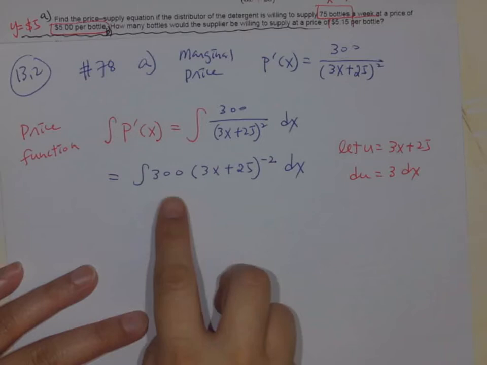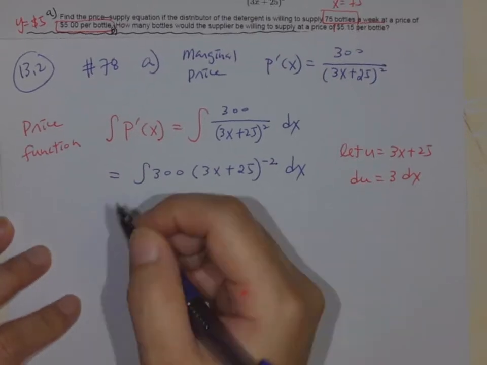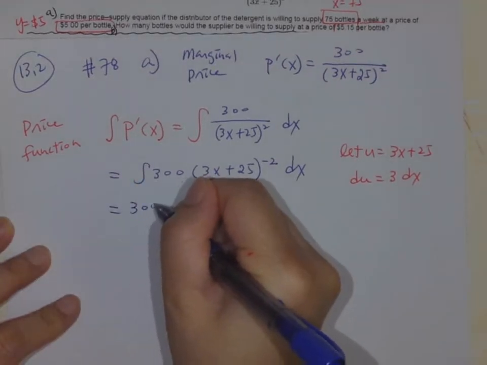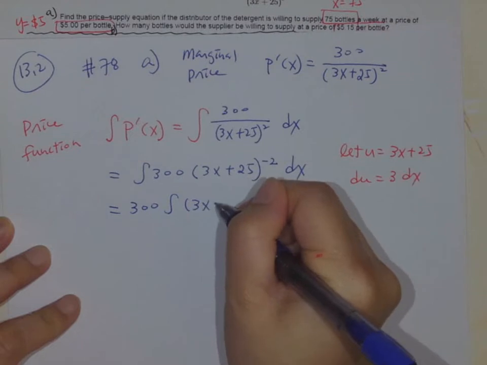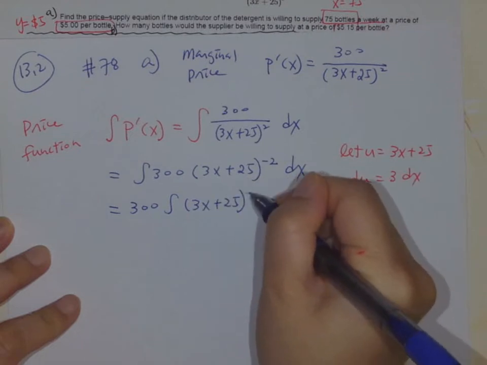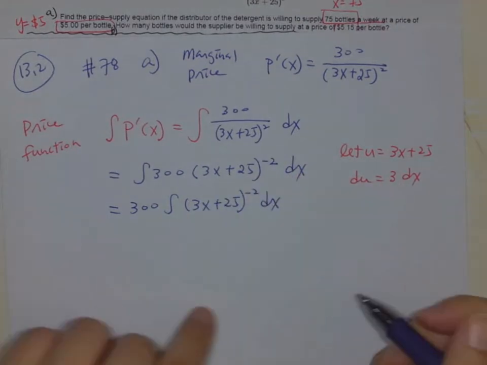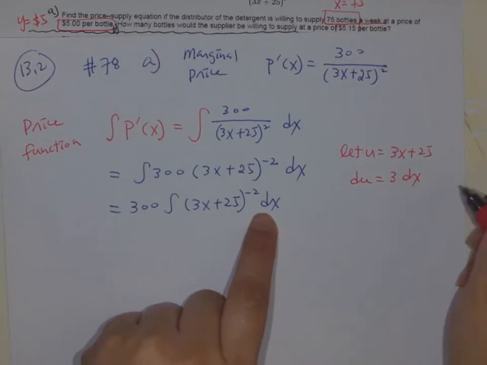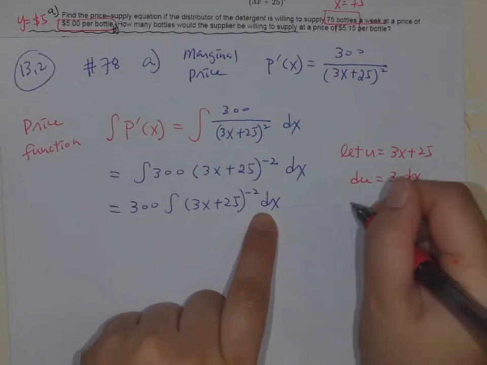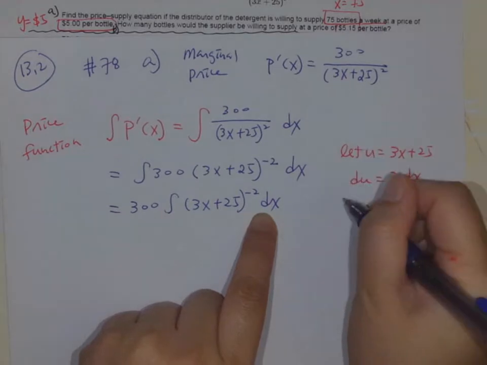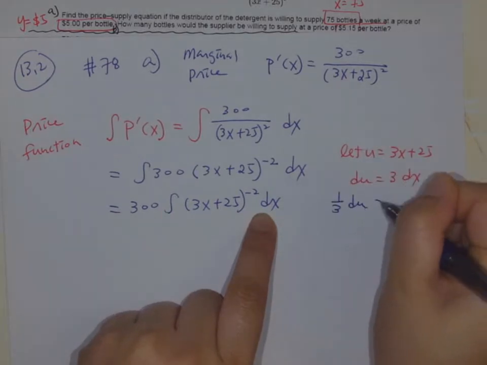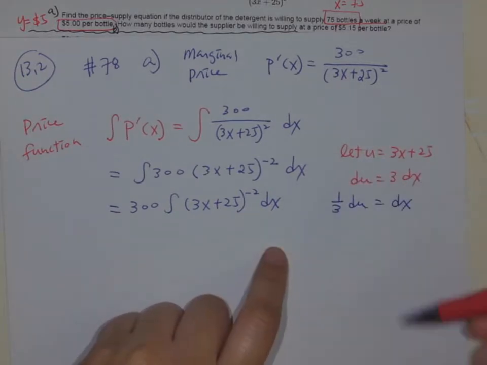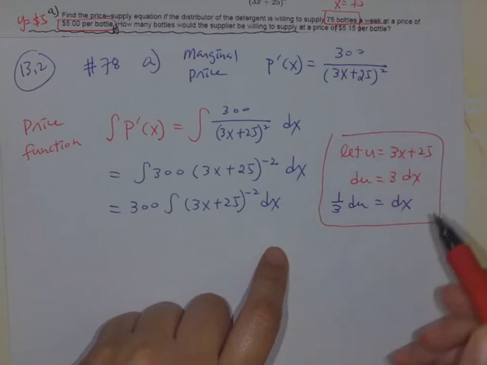I think I'm not going to mess with the 300. I'm going to just pull the 300 out. And then I have 3x plus 25 raised to negative 2 dx. And then I don't have a 3 here with my dx, so I'm going to need to divide both sides by 3, right? So 1/3 du will equal to dx. So we're going to use that to substitute.